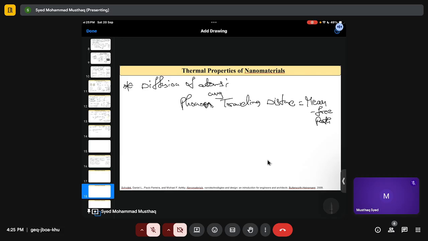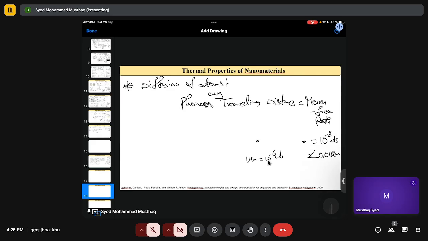Mean free path is the distance from the starting point to the end point over which it does not undergo any collision or scattering with other phonons, electrons or any other particles. And the mean free path of a phonon is 10 to the power of minus 8 meters, which is less than how much? 1 micron is 10 to the power of minus 6 meters, so it is 0.01 micrometer.